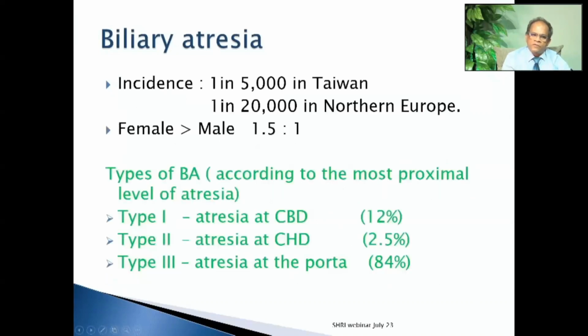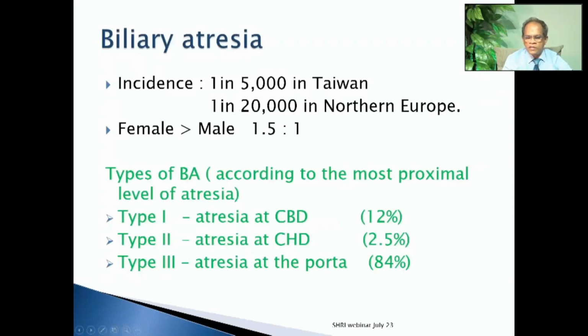So just a few facts about biliary atresia. Its incidence is about 1 in 5,000 in East Asia. The commonest incidence of biliary atresia is among the East Asians, the Japanese, the Taiwanese, the Chinese, but it is relatively rare in the rest of the world, especially in Northern Europe, where it's about 1 in 20,000.